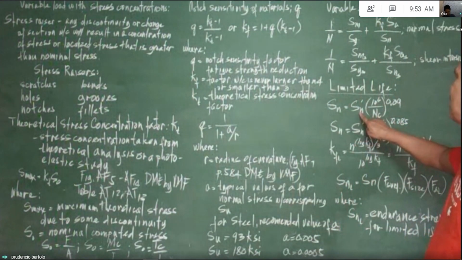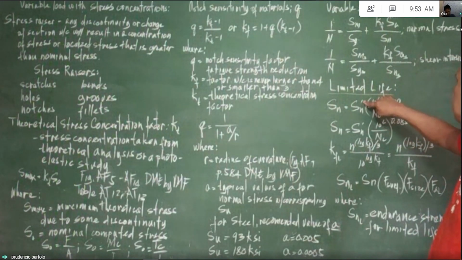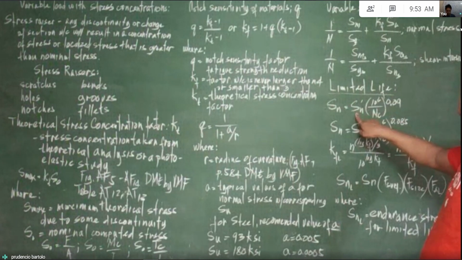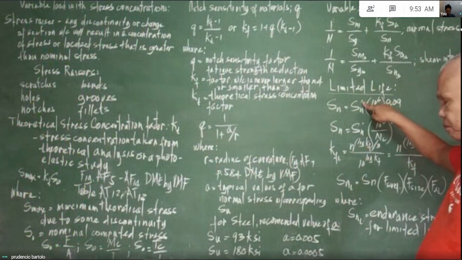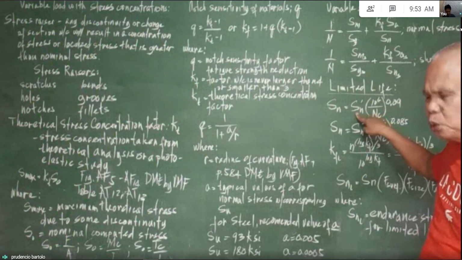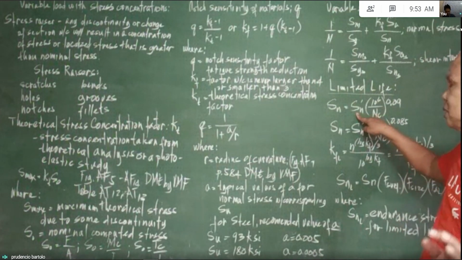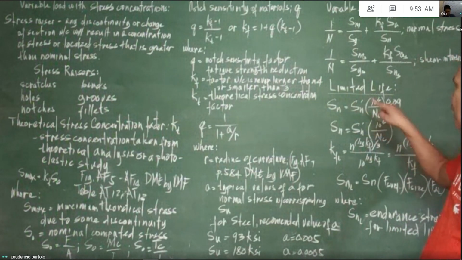The endurance limit in here is Sn prime, meaning Sn prime is the fatigue limit or the endurance limit, which is different from endurance strength.